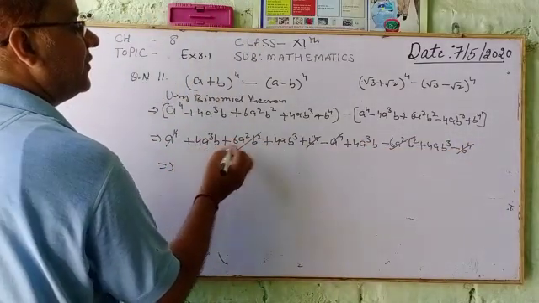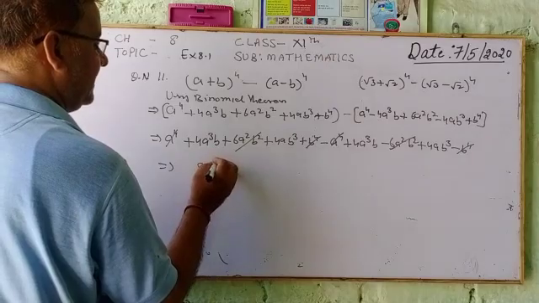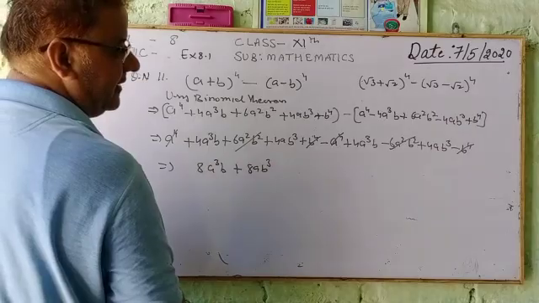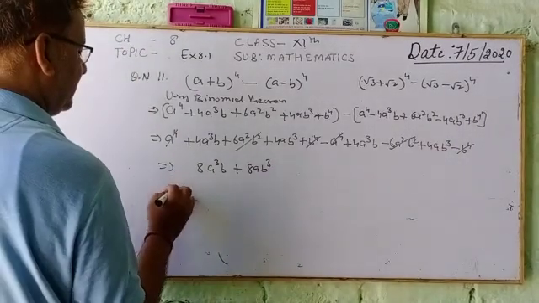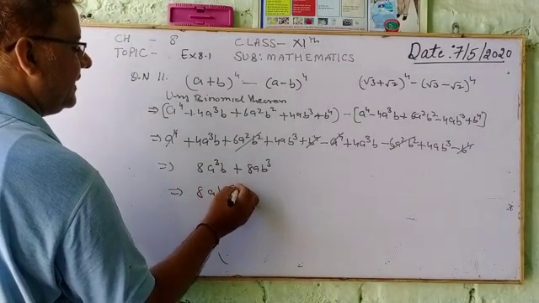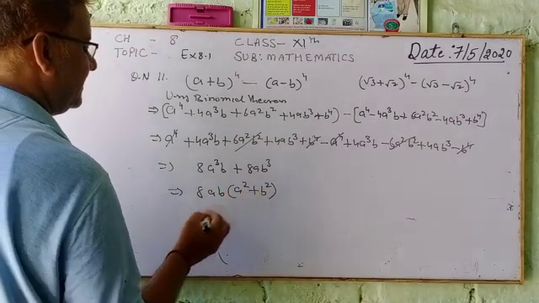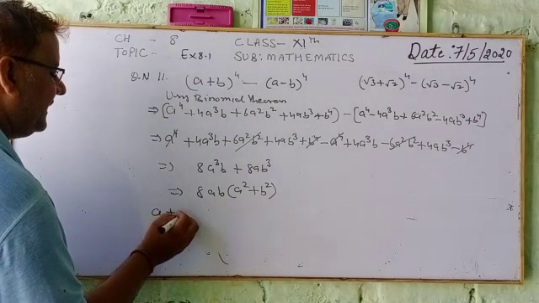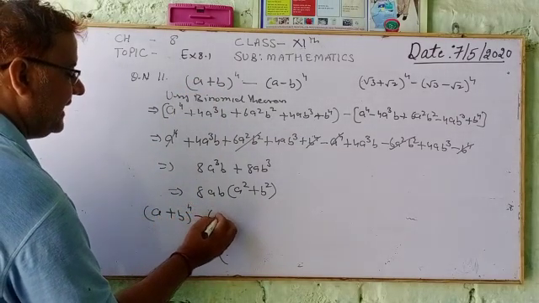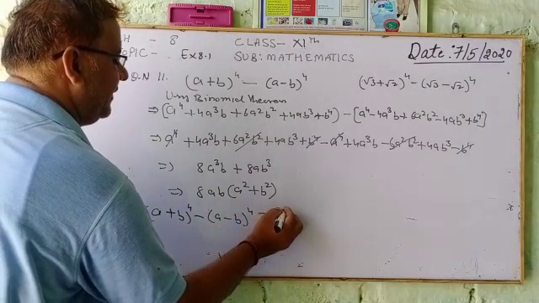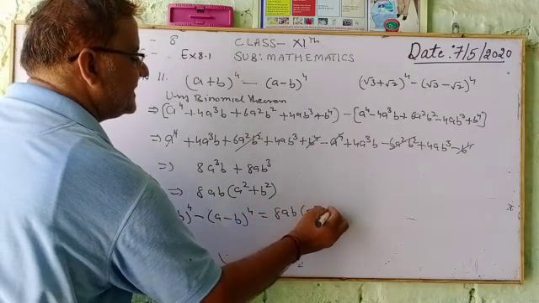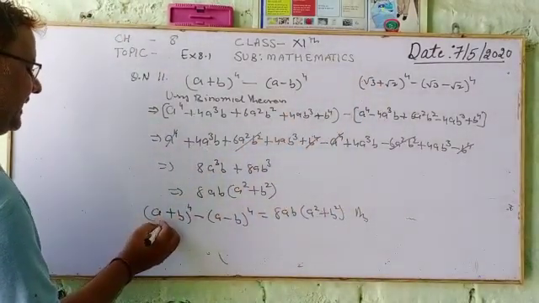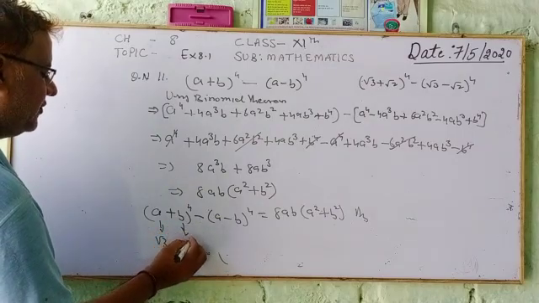We get 4 plus 4, that is 8a cubed b, and 8ab cubed. These are two terms, so we take 8ab common, giving a squared plus b squared. So students, (a plus b) raised to power 4 minus (a minus b) raised to power 4 becomes equal to 8ab(a squared plus b squared). Now we put a equal to root 3 and b equal to root 2.